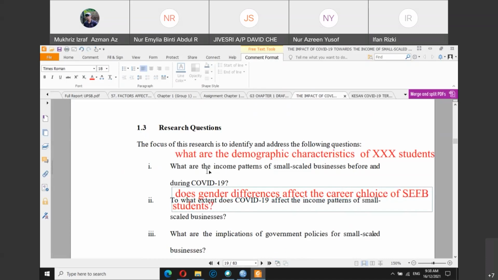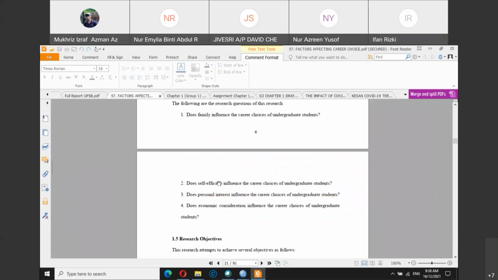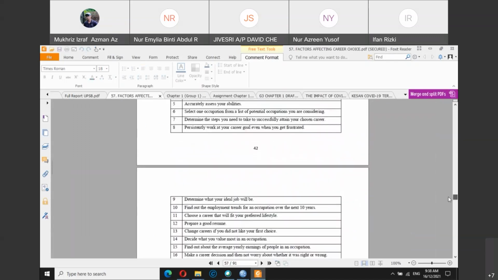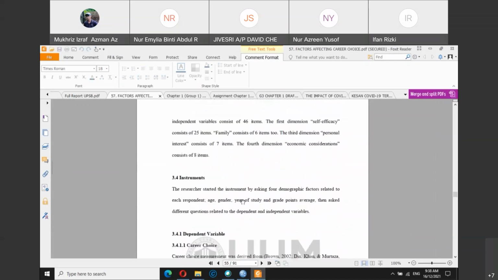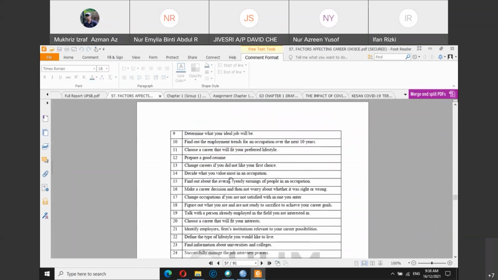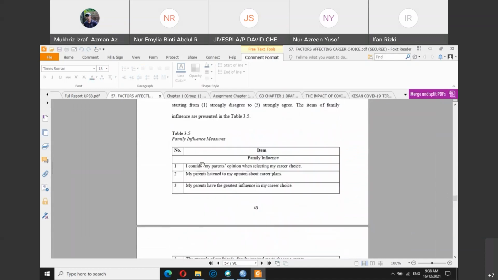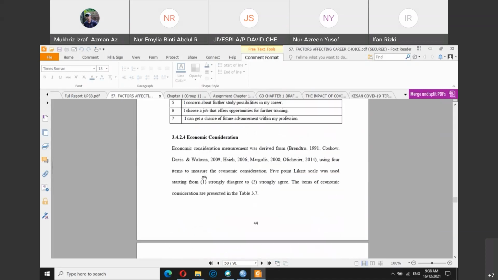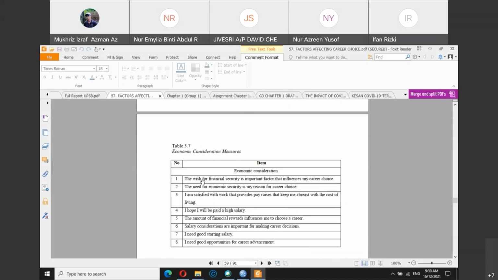What I have here, basically I want to test if gender differences affect the career choice of SAB students. So under career choice, in this particular thesis, you have different factors under the Likert scale, as what you see here: self-efficacy is one factor, family influence is one factor, personal interest another factor, economic consideration another factor.